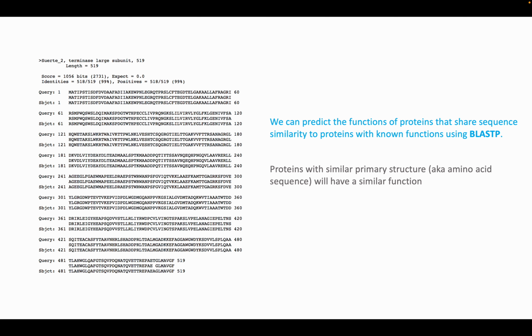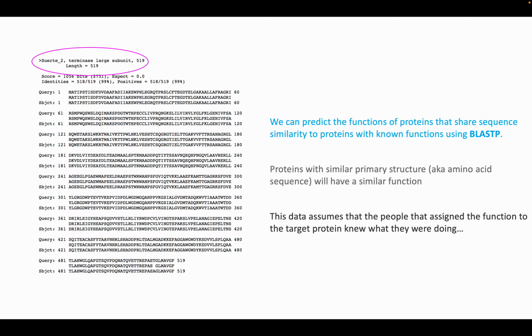So proteins with similar primary structure or amino acid sequences often have similar functions, but there's something I want you to be careful about. When we use BLAST data to predict functions, we're assuming that the people that assigned the function to the target protein, so in this case SWERTE2, terminase large subunit, knew what they were doing when they assigned the function terminase large subunit.